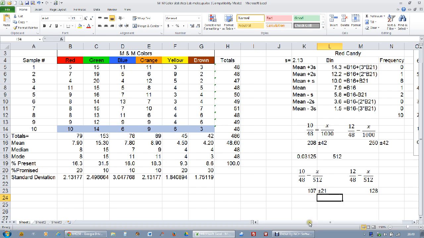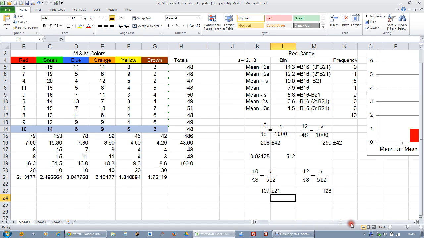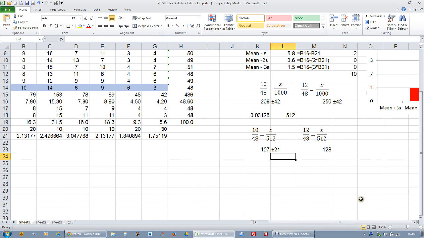Now do that with the rest of the colors, and then make a chart showing the colors. I'm just putting it here for now. You can put it where you want, make sure that it looks good.